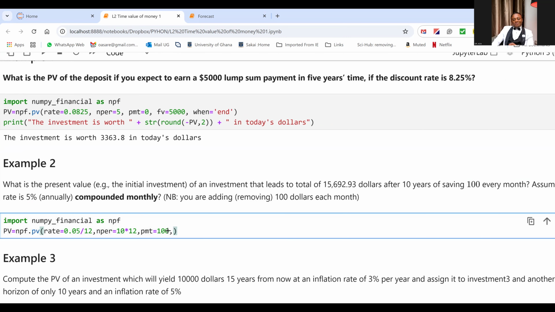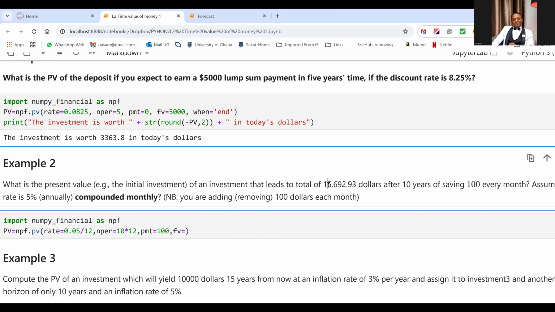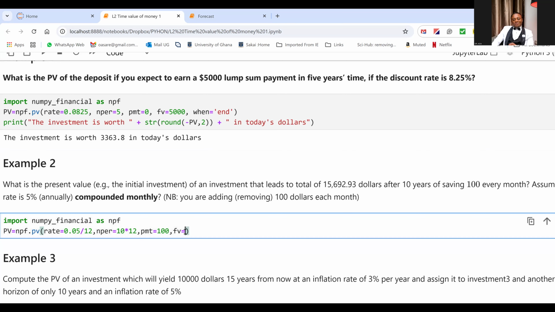And now, once that is done, it leaves us with our future value. The future value was given to us. Everything is given directly to us. It's up here, 15,6, blah, blah, $93. Now, future value is something you are going to collect in the future, so you will not want to make it minus, because you're going to collect.